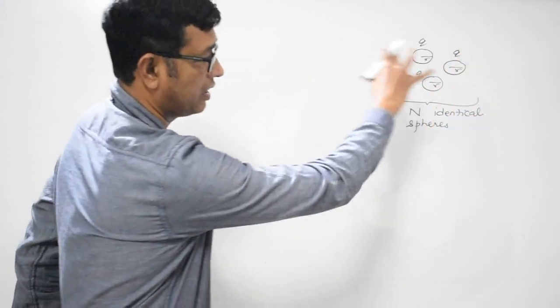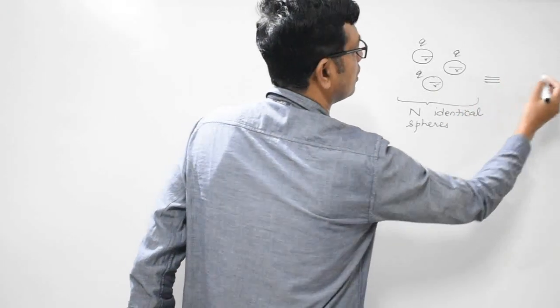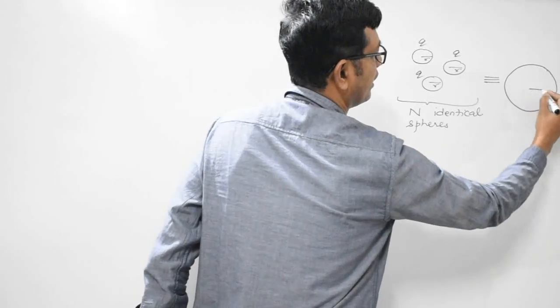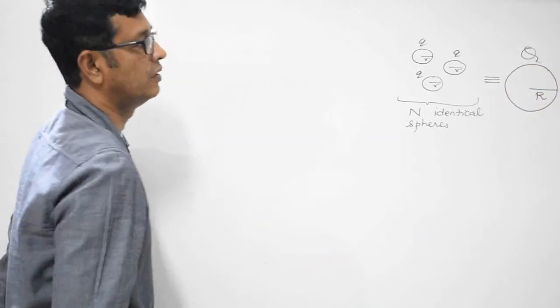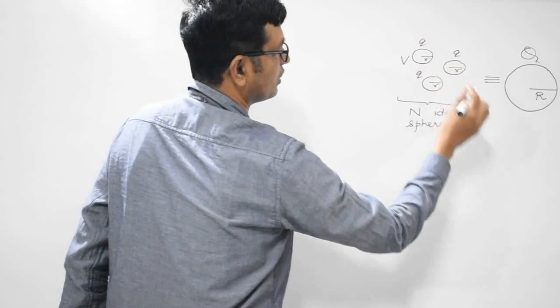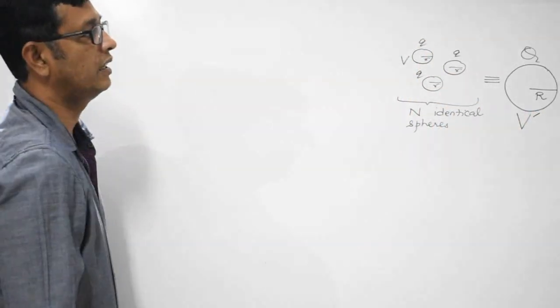They combine together to form a big drop, say of radius R. Suppose the charge is capital Q, right? Let the potential of each smaller one be V, and over here it is V dash, right?